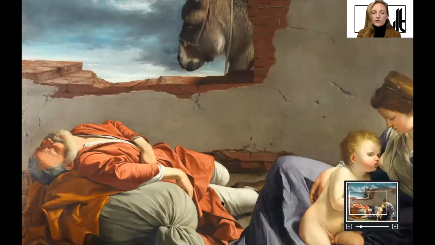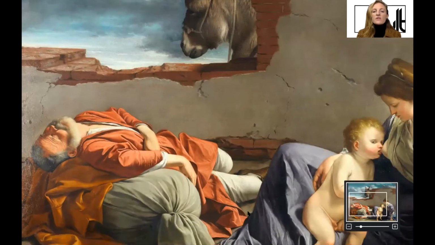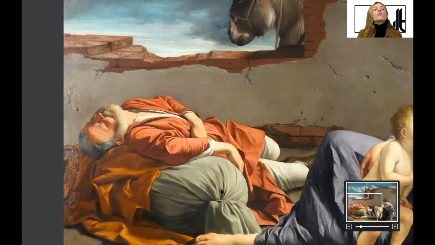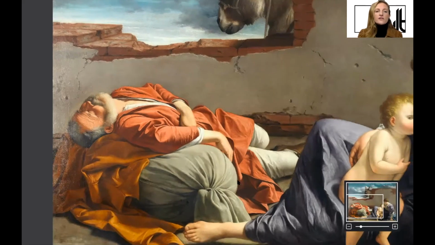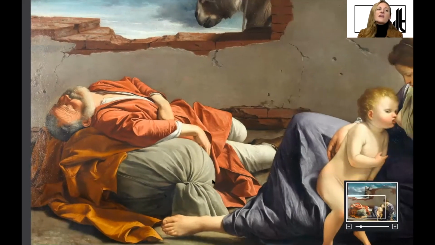We talked about foreshortening last week, the amazing way in which this leg recesses into the back of the painting, and the weight that you see with his head, how it falls over the back of the bag that he's lying on. You really get a sense of the heaviness and the tiredness of Joseph, who is engaged in deep slumber.